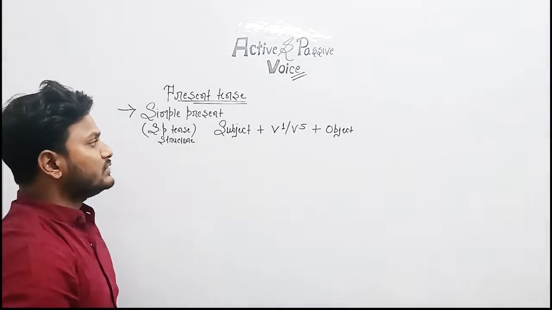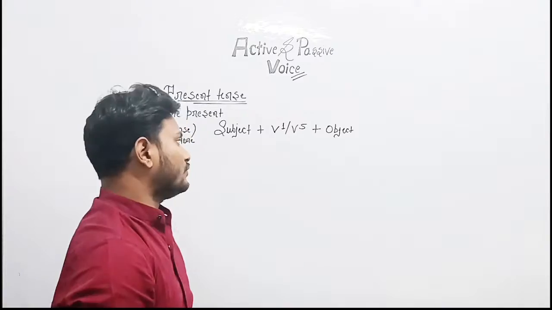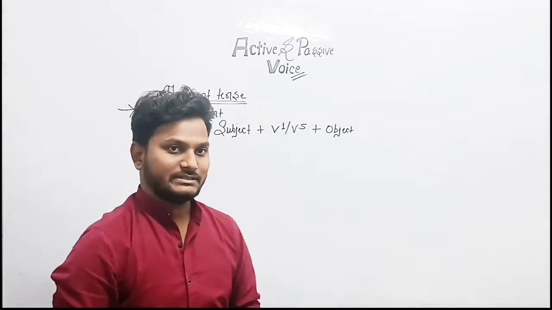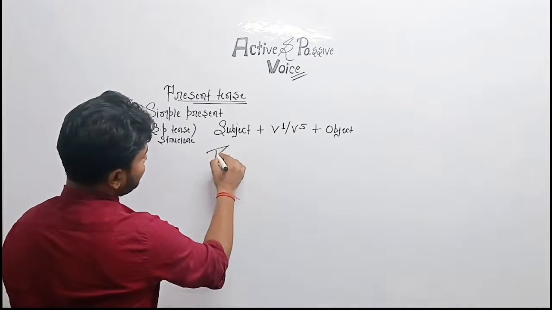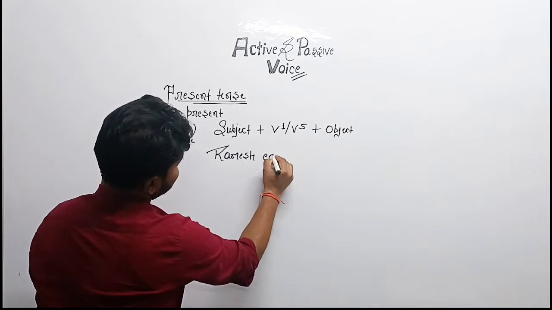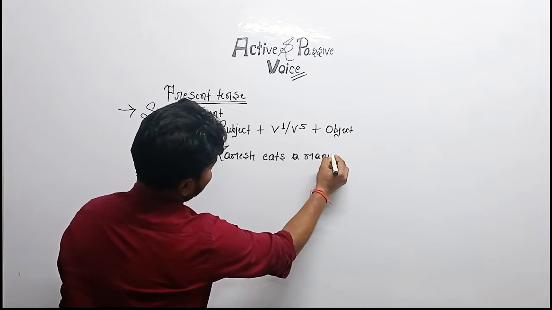Now, whenever we are going to convert simple present tense into passive structure, what do we have to do? In the same way, we are going to convert this sentence. It is very easy. Let's see one example. Ramesh eats a mango.